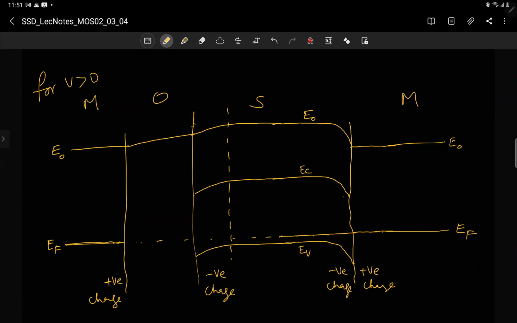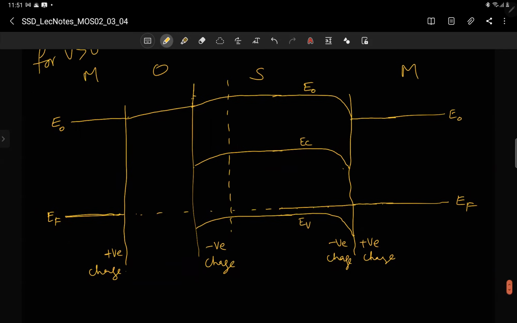It is like this junction and this junction, they look the same. You know, if you take this SM junction and flip it, you get this MOS junction. Okay, instead of E0 going drastically down and merging with E0 of M, it goes smoothly because you have introduced an oxide which takes some potential drop.